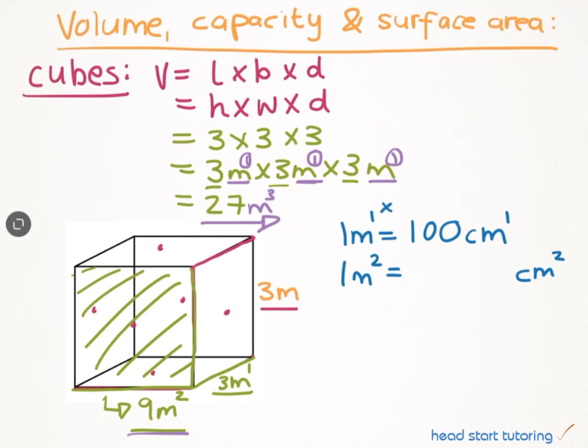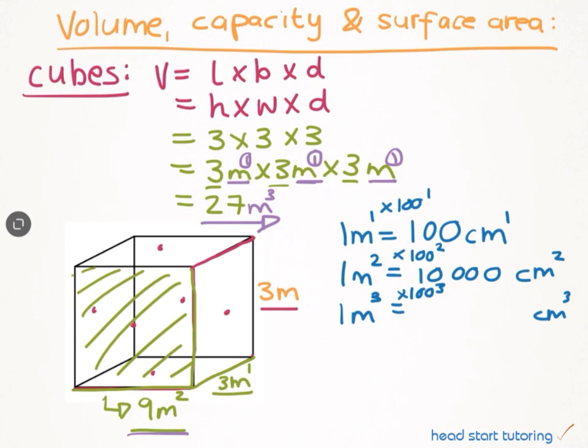We multiplied our meters by our conversion to the power of 1. So here we need to multiply our conversion, which is 100, to the power of 2, which is going to be equal to 10,000. So 1 meter squared is 10,000 centimeters squared. Now 1 meter cubed is going to be equal to how many centimeters cubed? Well, we multiply by our conversion, which is still 100, and we cube that measurement.